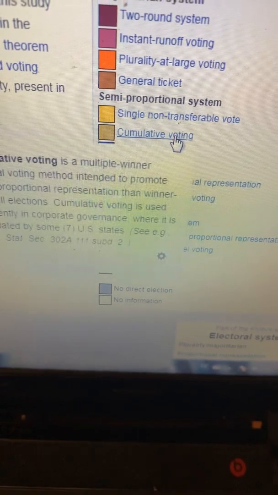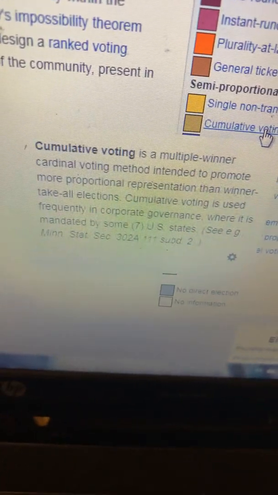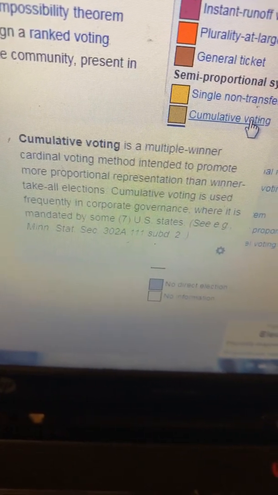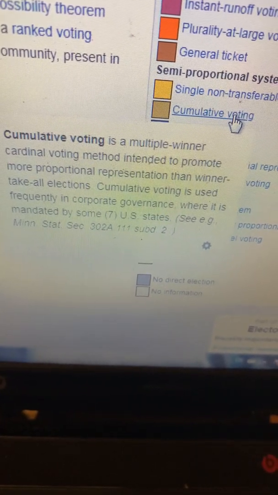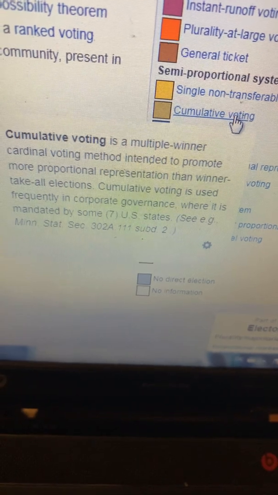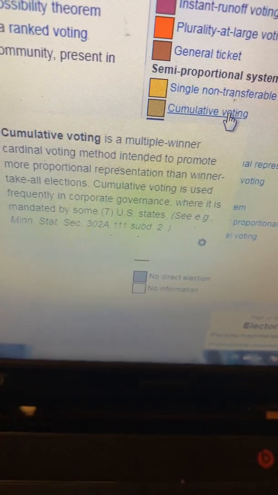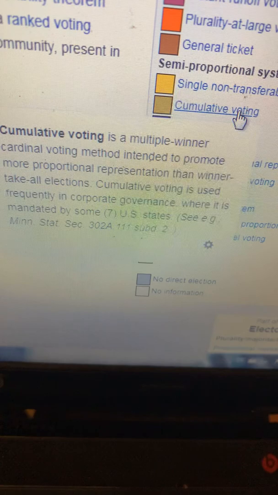And the cumulative voting is a multiple winner cardinal voting method intended to promote more proportional representation than winner take all elections.